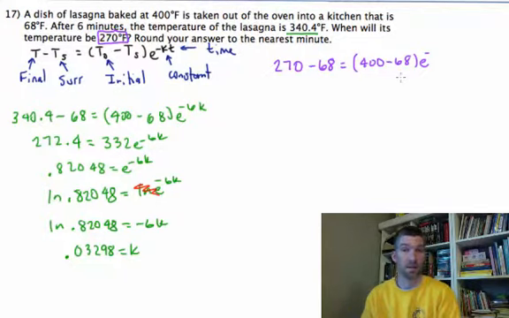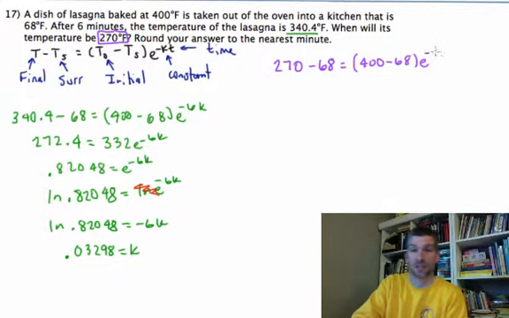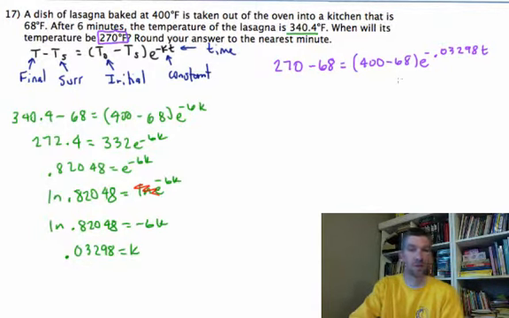We don't know the time, but we just discovered k. K has to be the same the whole way through. It's 0.03298 times t. We're going to solve this the exact same way we solved the previous one.